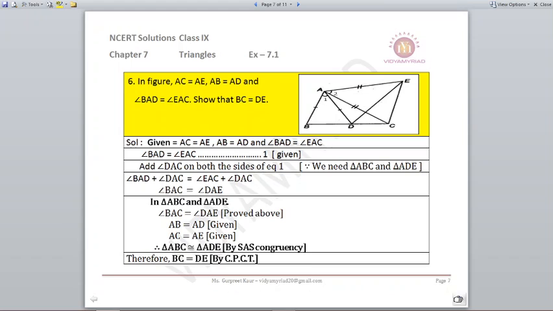Now first we need to think over which triangles we have to take. With the help of what we have to prove, we need to prove BC is equal to DE. Now BC is in triangle ABC, and DE is in triangle ADE.